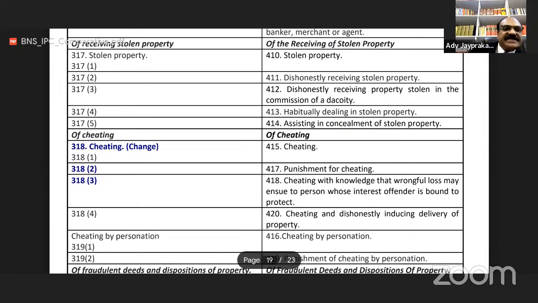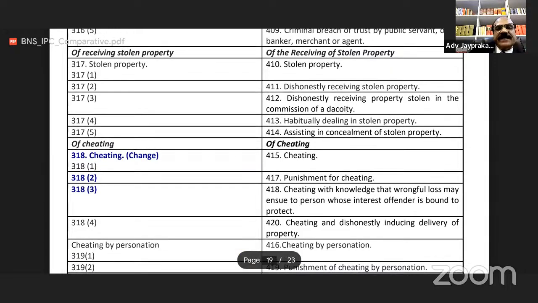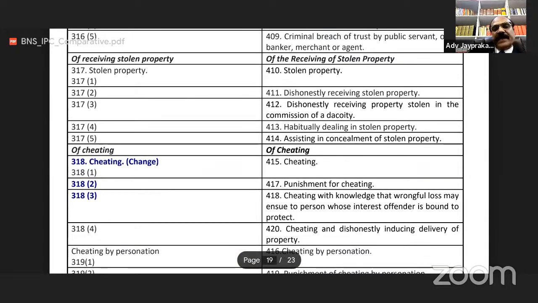BNS section 317(5), assisting in concealment of stolen property. So see, all stolen property related sections in BNS have been taken into 317, and marked 317(1), 317(2), 317(3), 317(4). This is the beauty of this law.